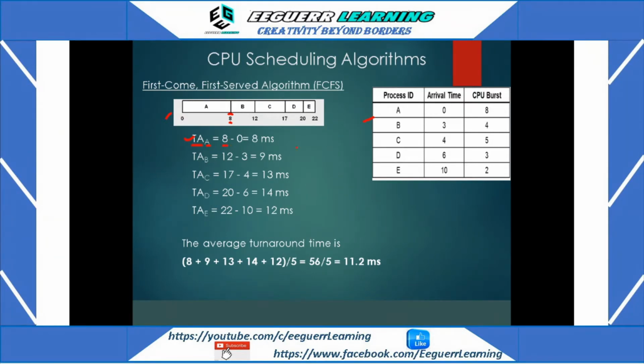And we're going to go to the process table of process A and get the arrival time of 0 and place it here. So 8 minus 0 gives us 8 milliseconds, and the turnaround time for letter A is 8 milliseconds.